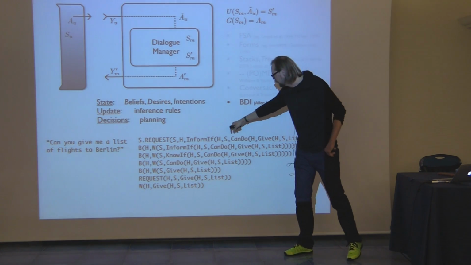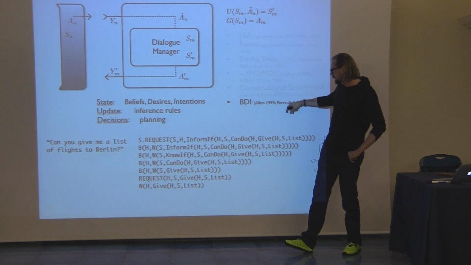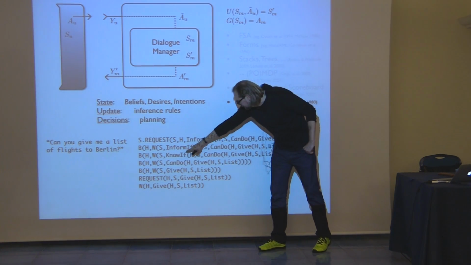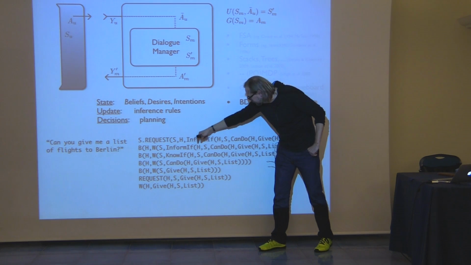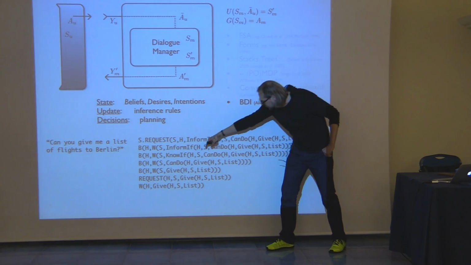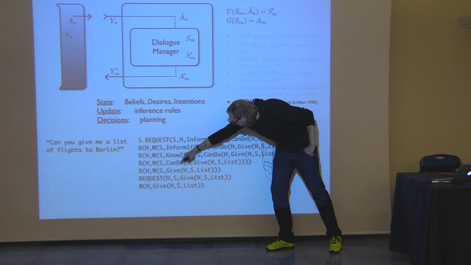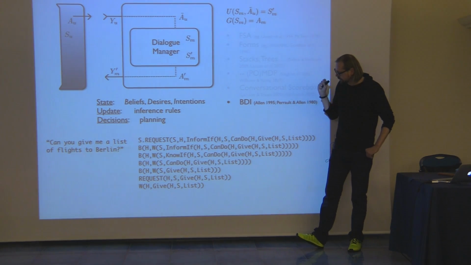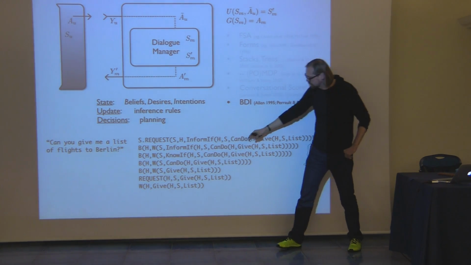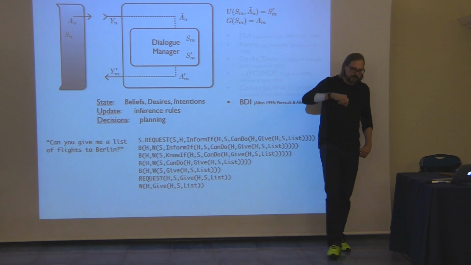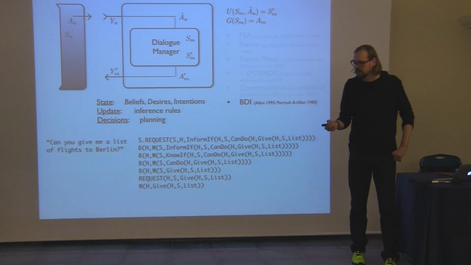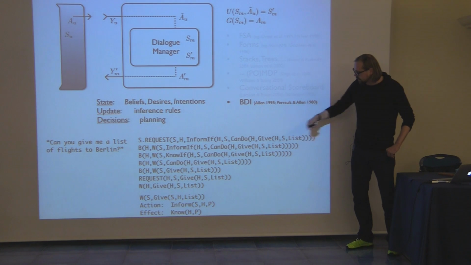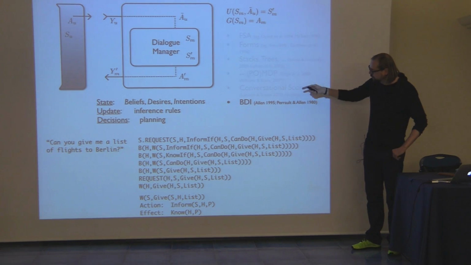And you go from believing that the other person wants to know if you can do this to believing that the other person wants to be given this, and from that you go to intending to actually give it and to give the reply. And then you would answer, and then you would do some planning.